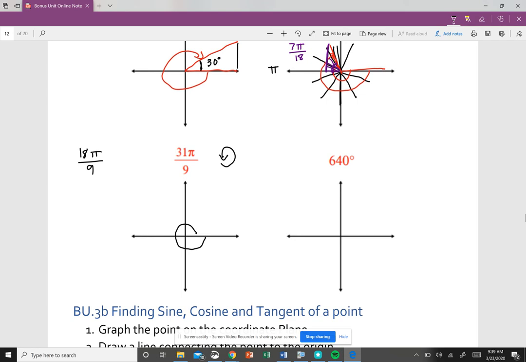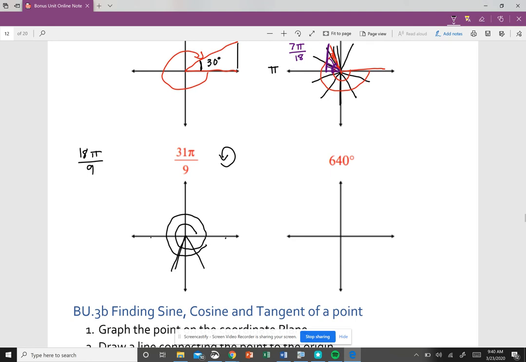So let's see. 32 pi 9ths would be 2 full rotations. So we're going to be just 1/9 short of another full rotation. So we'll be about there, right? Because if we split up between pi and 0 into 9 pieces, then we would do, let's see, split it up into thirds. So 1/3, 2/3, 3/3.